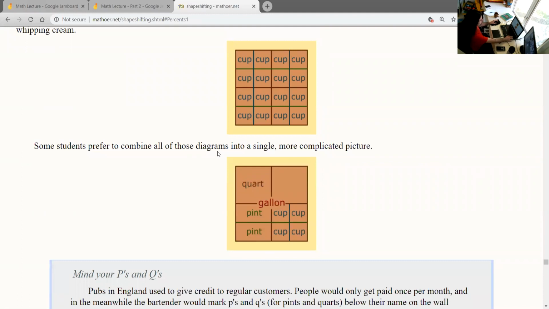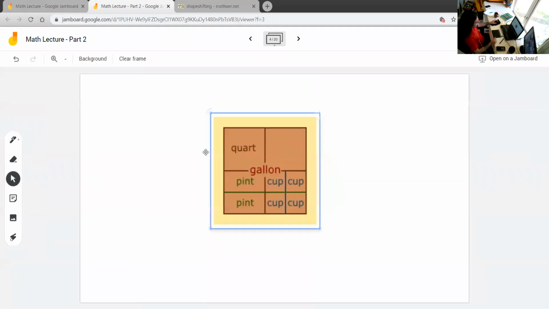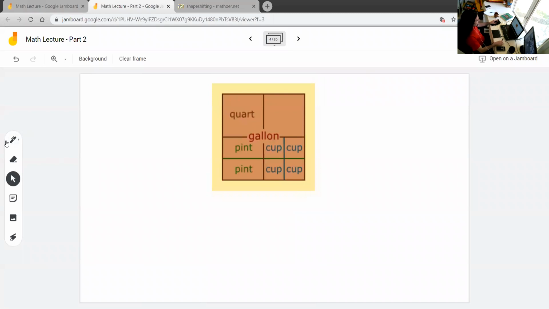If you're a pictorial kind of person, let's try that again. So that picture shows you that 1 gallon is 4 quarts. You would have 2, 4, 6, 8 pints, or 4, 4, 4, 4 makes 16 cups.